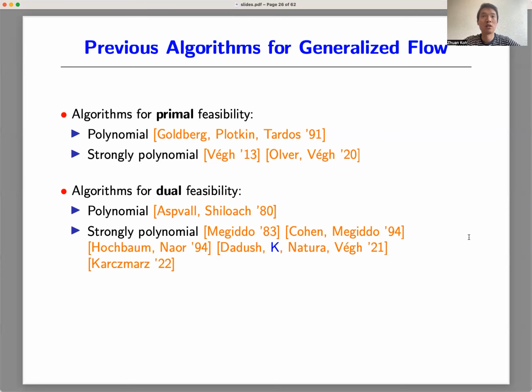So this is the dual linear program of the minimum cost generalized flow problem. And here again, we are ignoring the costs. We're just interested in feasibility. For optimization, which is the minimum cost generalized flow problem in full, only a polynomial algorithm was known, and this was given by Wayne.